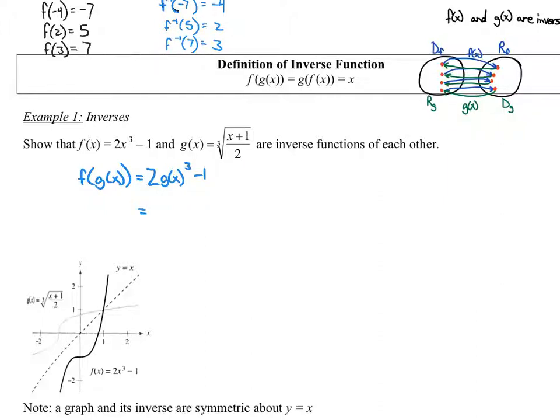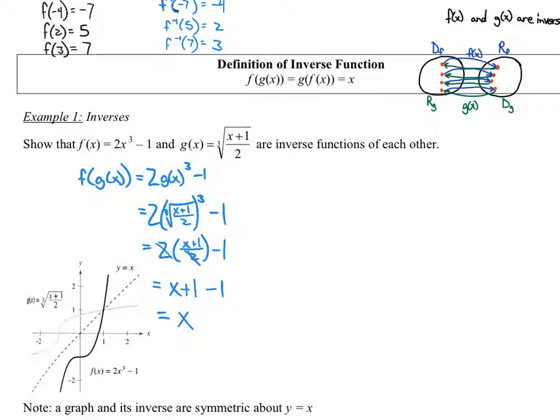Well, g of x is that cube root, so 2 times the cube root of x plus 1 over 2, cubed, minus 1. The cube undoes the cube root, so now it's 2 times x plus 1 over 2 minus 1. Now we have the 2's canceling. So we have x plus 1 minus 1, which equals x. So that worked out the way it's supposed to.